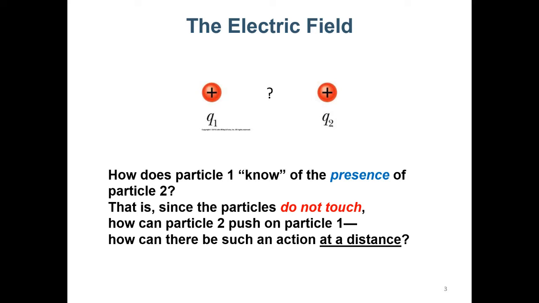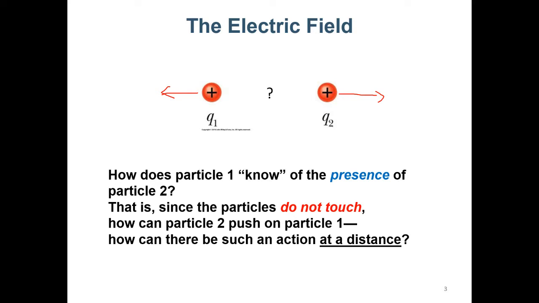So here we try to simplify it a bit because we have two charges here. If they are both positive charges, then you should know that they're repelling each other. Actually, they are not touching each other, but they can repel each other.